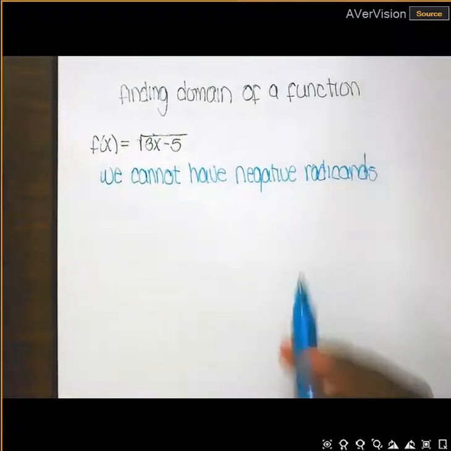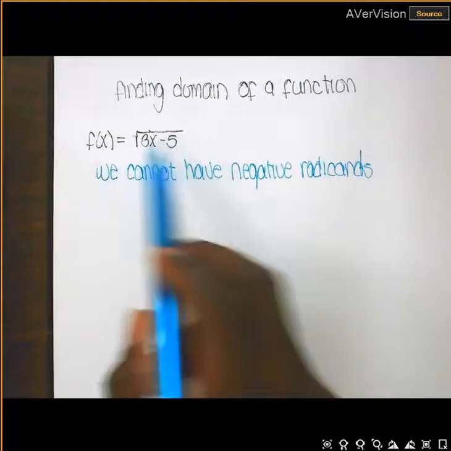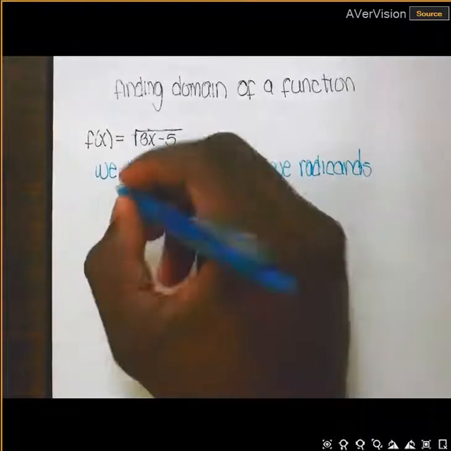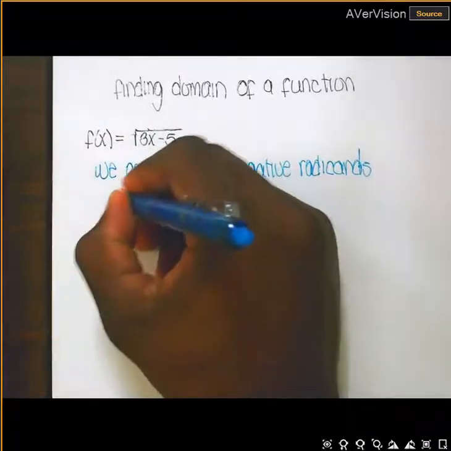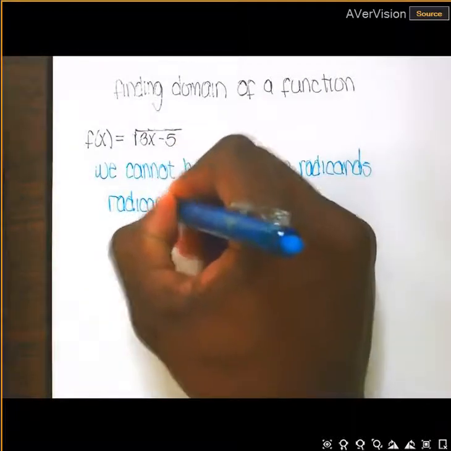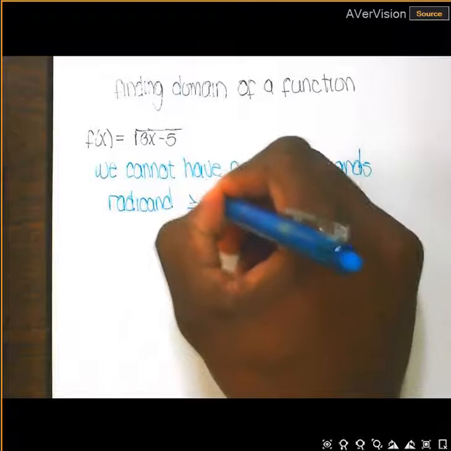And if you don't remember, radicand is whatever's inside the radical. So we cannot have a negative radicand. So that means the radicand has to be greater than or equal to 0.